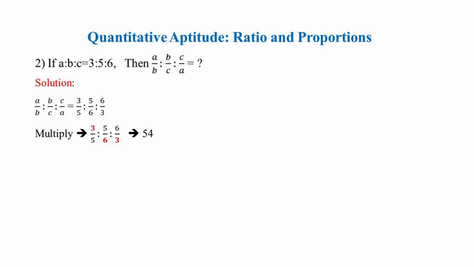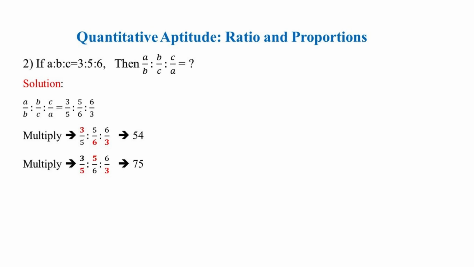That is, 2 denominators you multiply first. 6 3s are 18, 18 3s are 54. So 2 denominators are 6 into 3, which is 18. Then the first numerator is 3. 18 3s are 54. So like that we have to multiply, which is shown in the diagram.